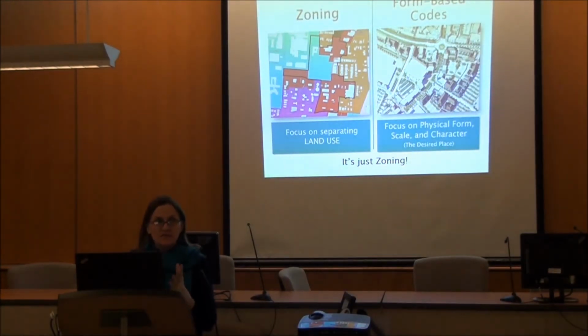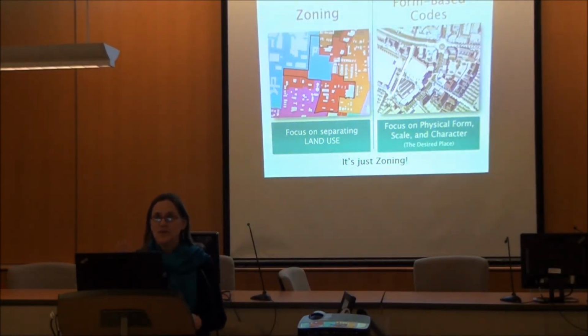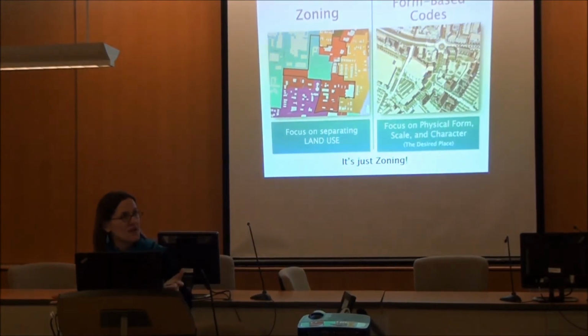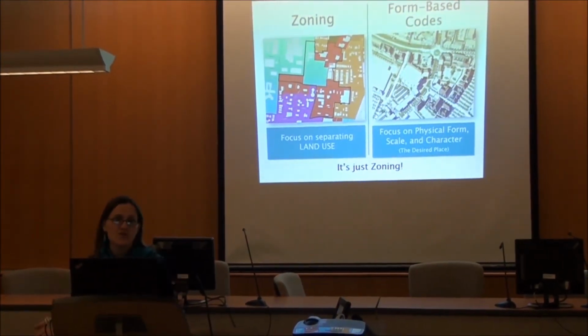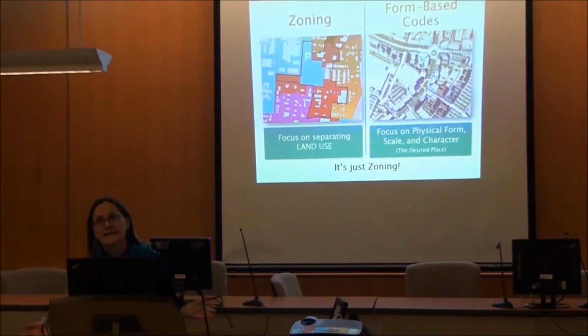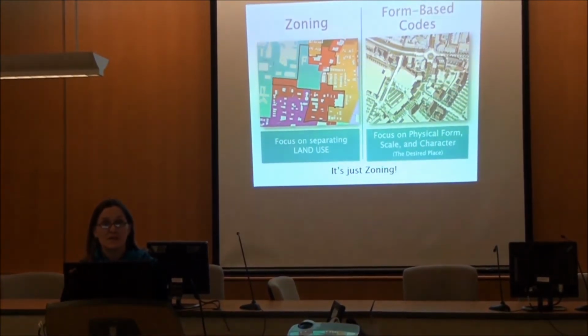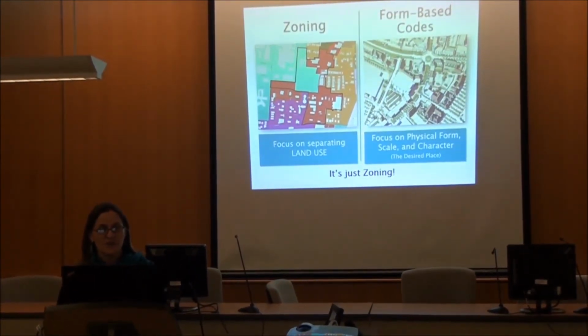So how is this different from what we have right now? Well, first of all, even though it has kind of a strange name, form-based code, it's just zoning. It's just a slightly different and improved kind of zoning. So don't let the name throw you off too much.